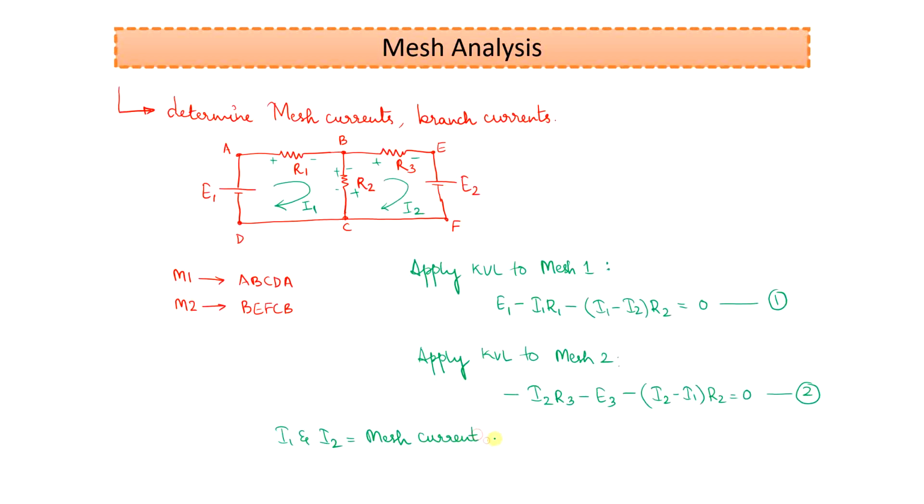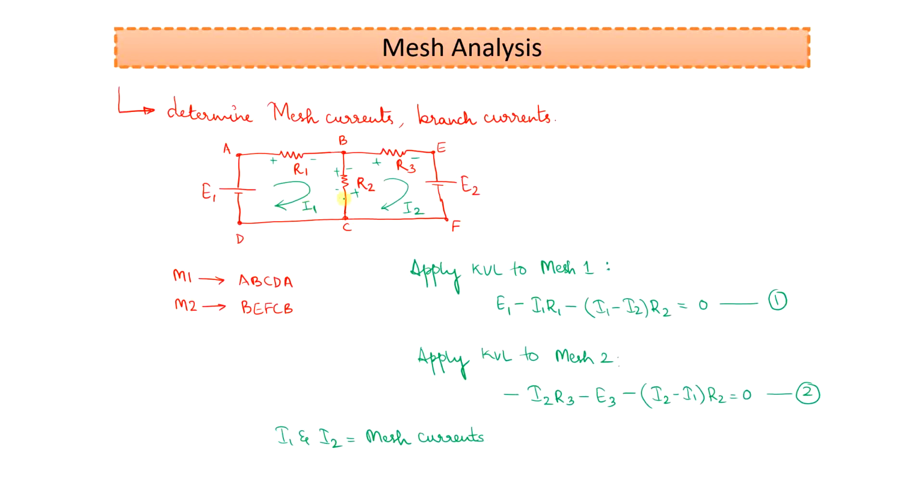Okay. Now say you want to determine individual branch current. So if it is across a resistance R1, the branch current is the current I1 itself. If it is across the resistance R3, the branch current will be the current I2 itself. But if it is across the resistance R2, the branch current will depend on which you consider as the dominant mesh.